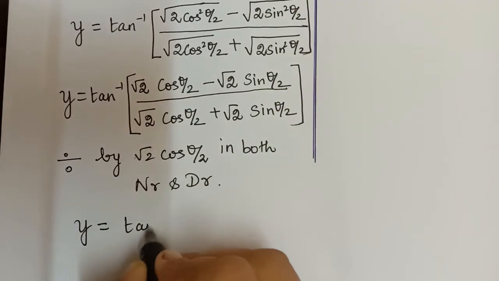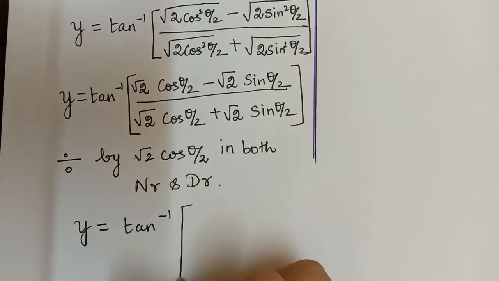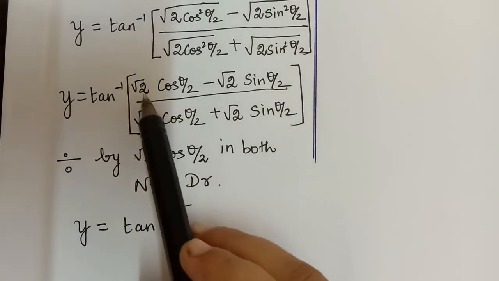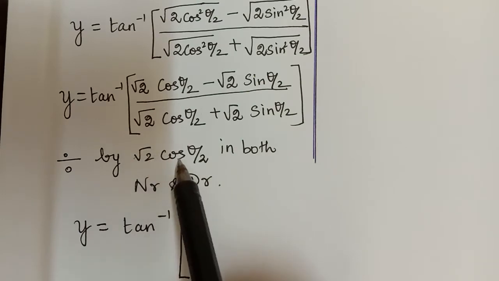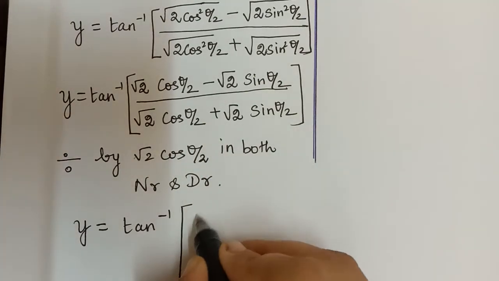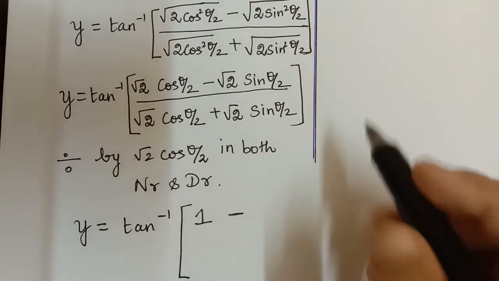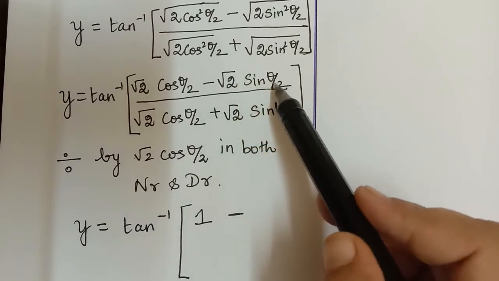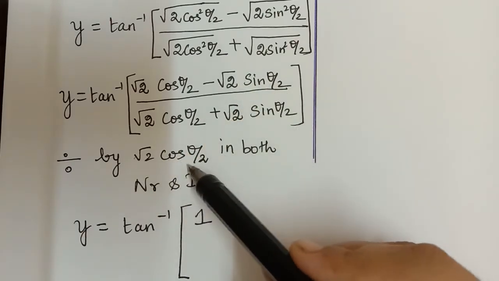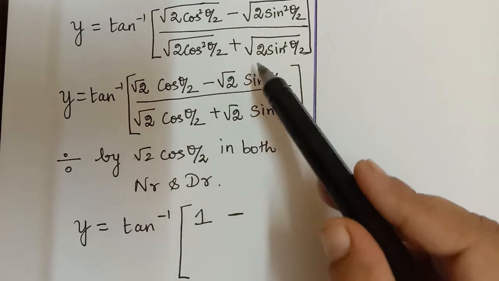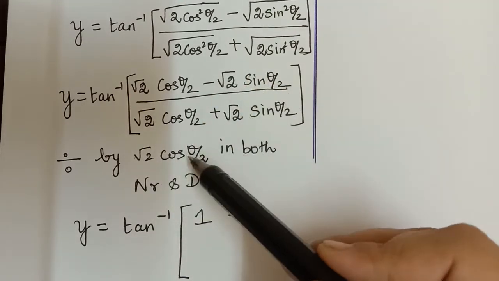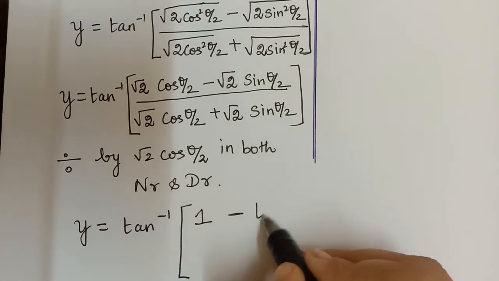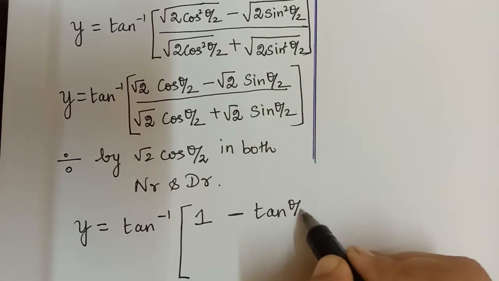tan inverse of, now here in the numerator, when root 2 cos theta by 2 is divided by root 2 cos theta by 2, it will be 1 minus root 2 sin theta by 2 divided by root 2 cos theta by 2. Root 2 and this root 2 will get cancelled and sin theta by 2 divided by cos theta by 2 is tan theta by 2.